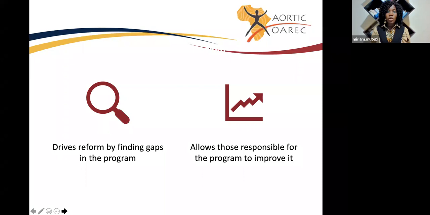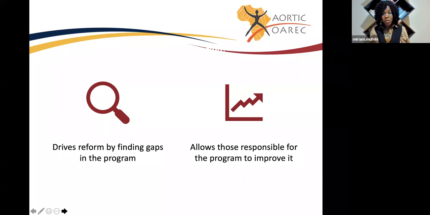And one might ask, what is the whole point behind this? I think it's important because program evaluation helps us drive reforms by finding gaps in the program. As we said, there isn't any perfect program, so there are always things that could potentially be improved. Identifying those gaps helps us come up with new strategies.